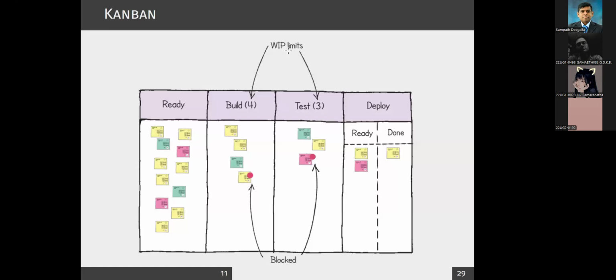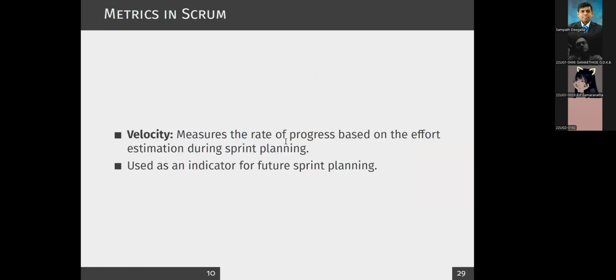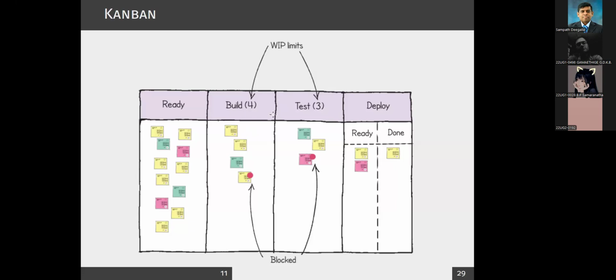We call them WIP limits. This term we use for how many tasks you can have in each of these stages. So as I told you earlier, you are not going to have too many here, so you put some limit here. For example, when you say build, the WIP limit is 4, that means you can have a maximum of 4 tasks in this slot.